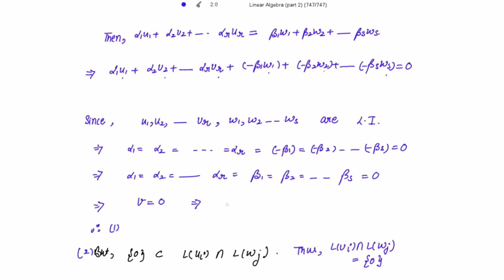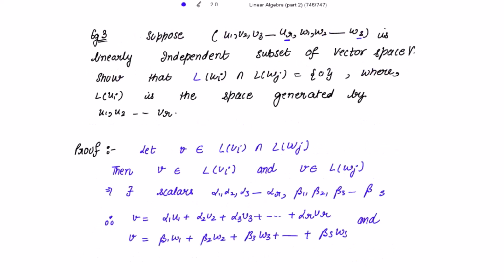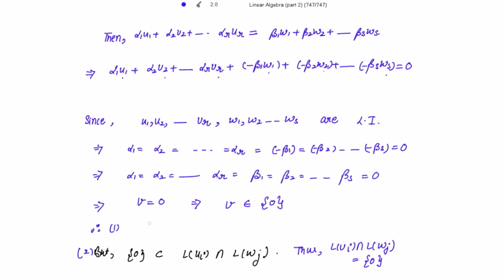This implies V belongs to the zero set. From where have we taken V? We have taken V to be an element of this intersection, which means V belongs to the zero element, so this whole intersection is a subset of {0}.